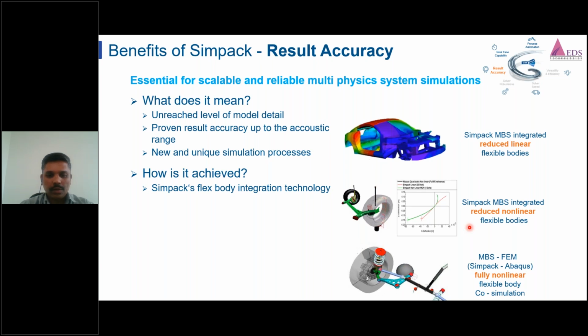And a high-end solution for integrating flexible bodies is the MBS FEM co-simulation, for instance between Simpack and Abaqus, which provides fully non-linear result behavior. For instance, if there is also plastic deformation in the simulation component, if you want to consider the plastic deformation, you can go for this MBS FEM co-simulation.